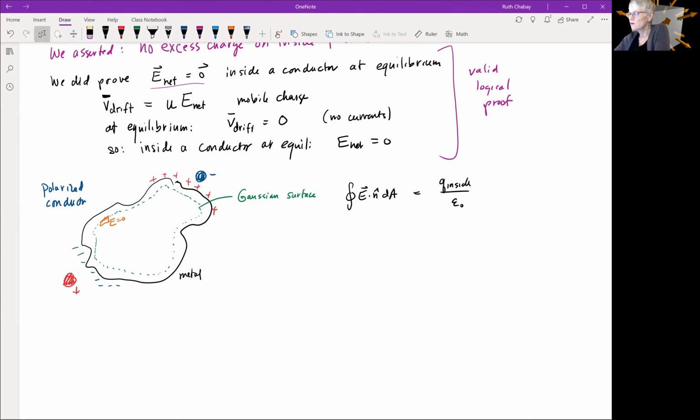But we know that E is zero because the conductor is at equilibrium, and we proved this. Here E equals zero, and here E equals zero. So all over the surface, E is zero, because the surface we've drawn, since it's a mathematical construct, we can draw it inside the metal. And so all over this surface, the electric field is zero, and therefore the electric flux is 0.